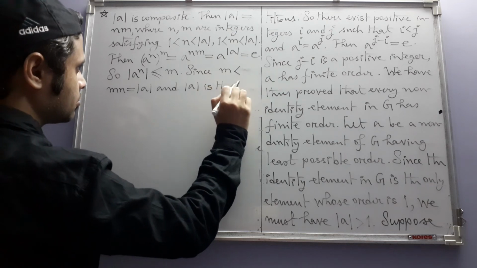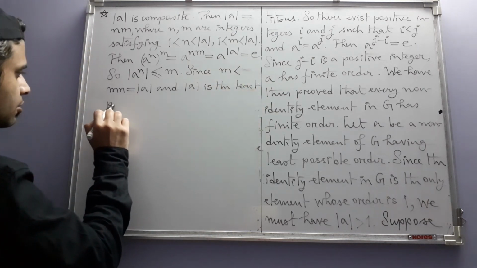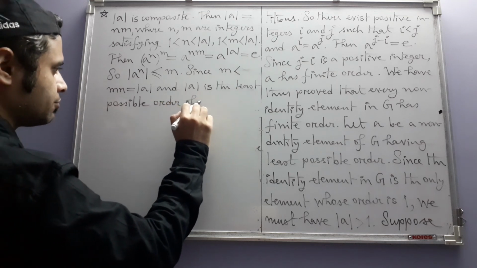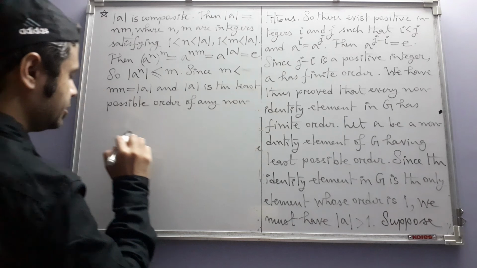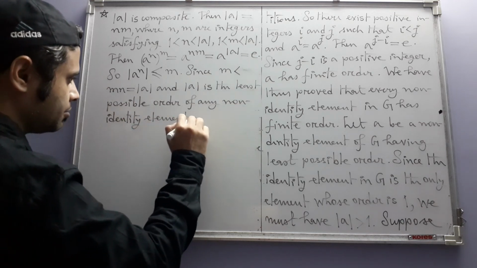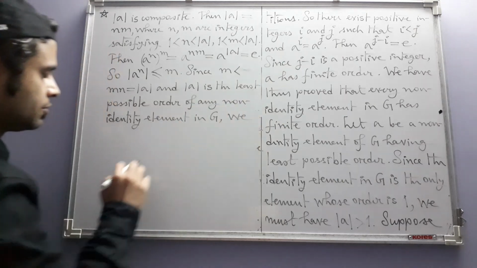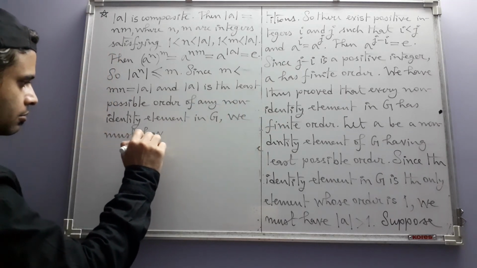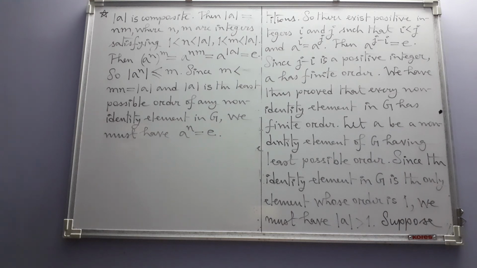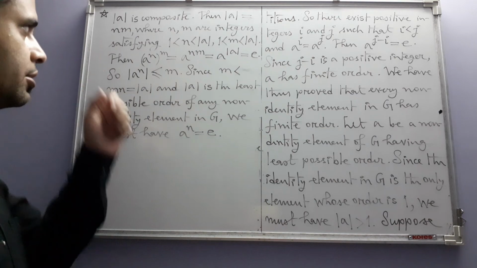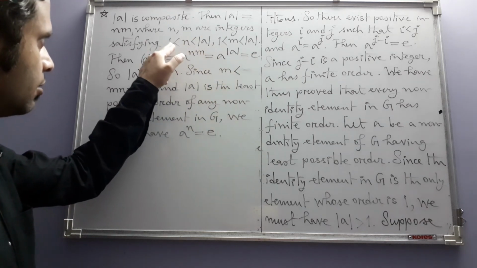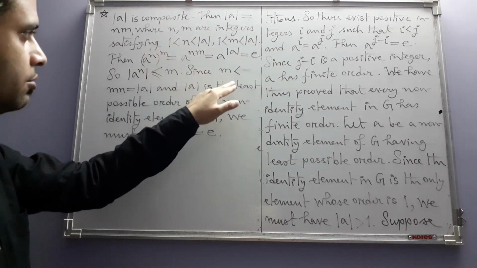and this is the least possible order of any non-identity element in G, we must have a to the power n equal to e, because you see the order of a to the power n according to this equation has to be less than or equal to m, and since n is greater than 1, on both sides of this inequality, if you multiply by m, you get m less than mn.